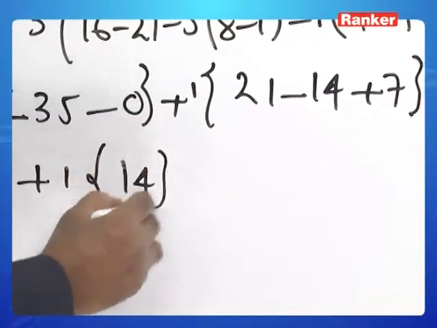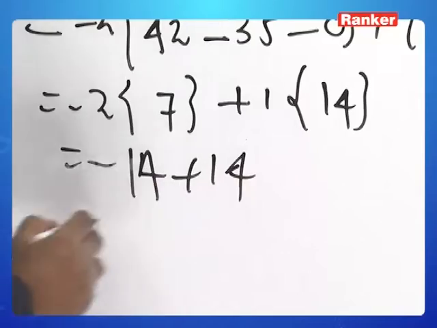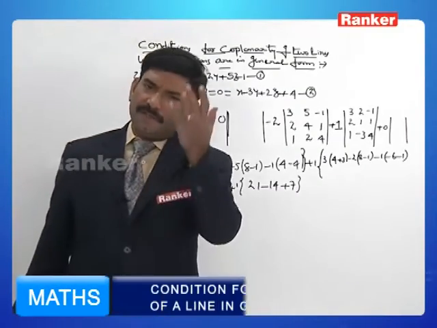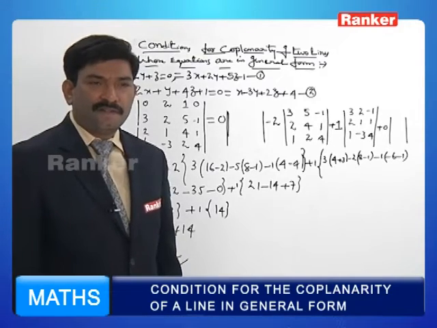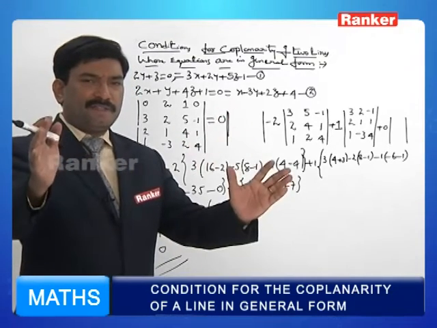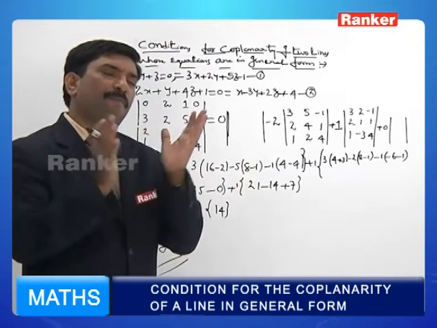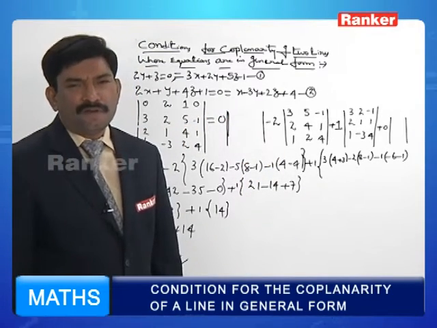It's 14, correct? This is nothing but minus 14 plus 40. Yes, exactly, we got it, is equal to 0. Hence, we can say that the given lines which are in a general form are coplanar. Followed?